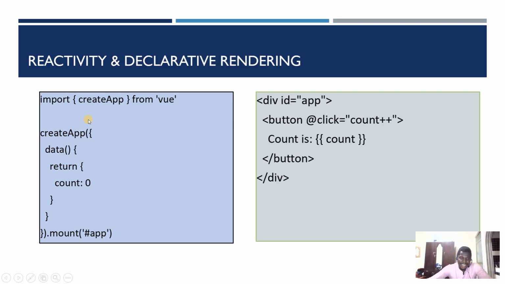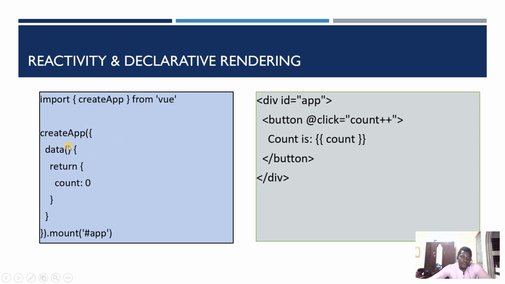The simplest Vue app starts with a simple import of the createApp function from the Vue library, and then you call this function, passing it an object.